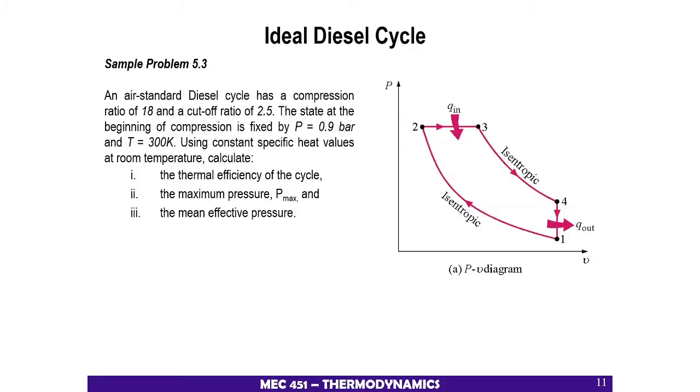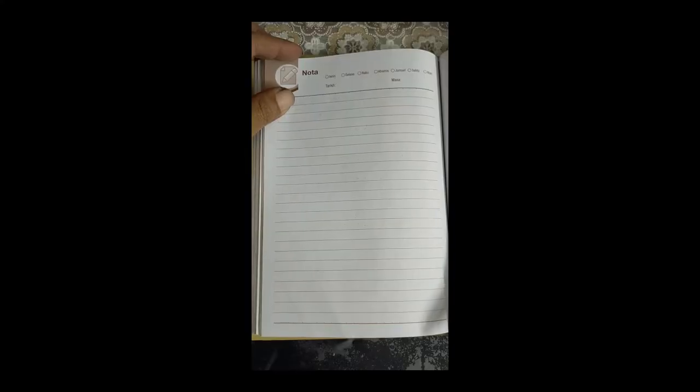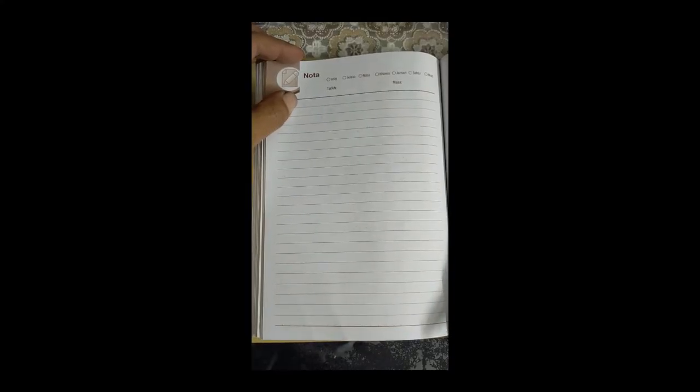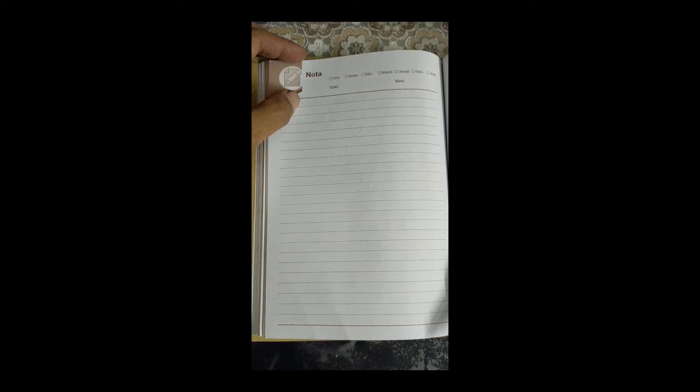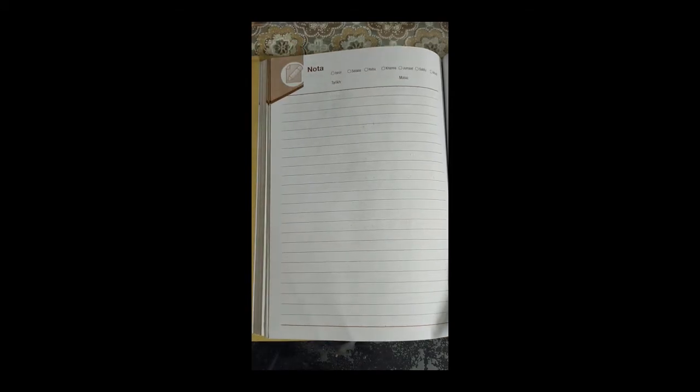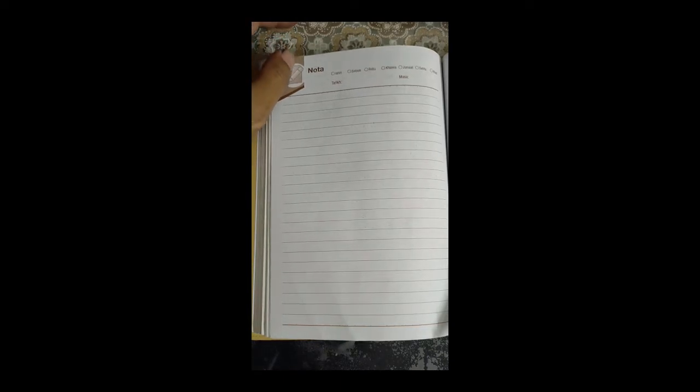Sample problem 5.3. An air standard diesel cycle has a compression ratio of 18 and a cutoff ratio of 2.5. The state at the beginning of the compression is fixed by P of 0.9 bar and the temperature is 300 Kelvin.